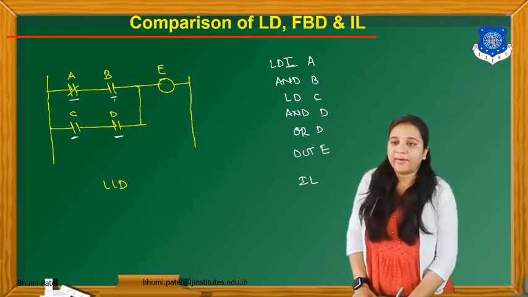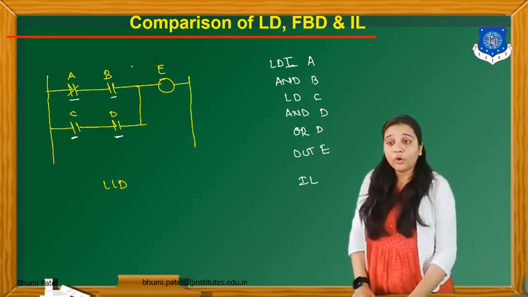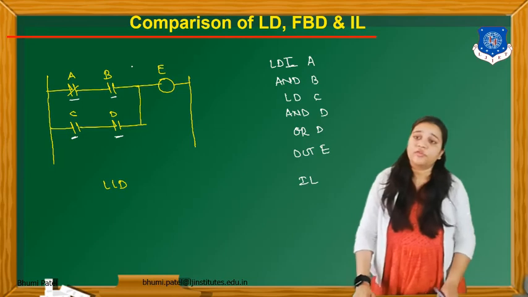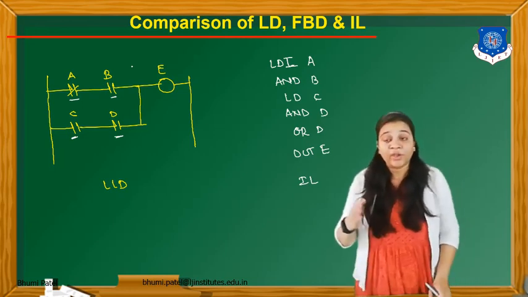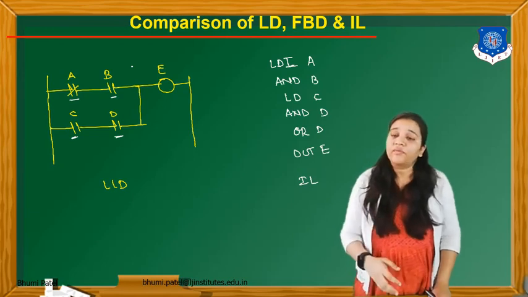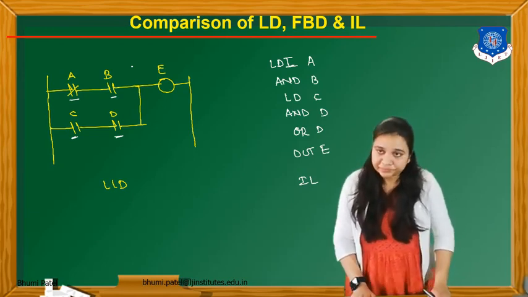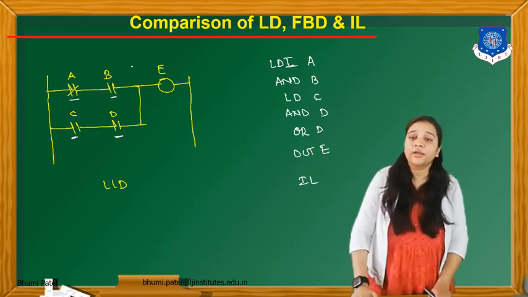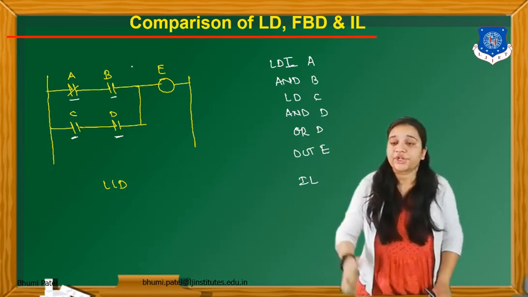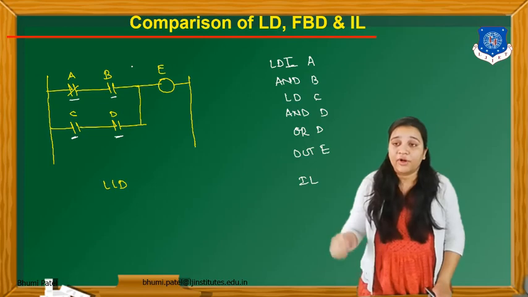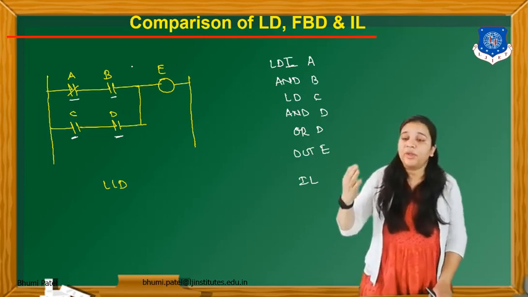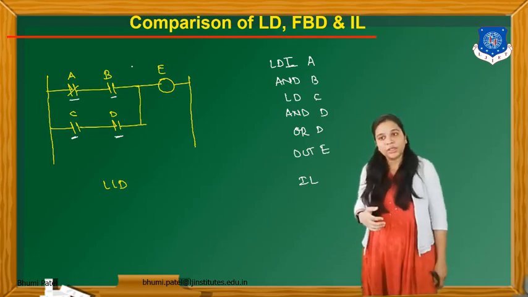So every time we cannot load the input data. First of all, we have to load the first input. Then, if it is an AND or OR function, we have to use the AND or OR instruction in the instruction list. So they will automatically understand that the previous input will be ORed with the next input.